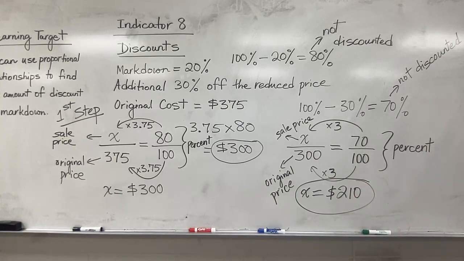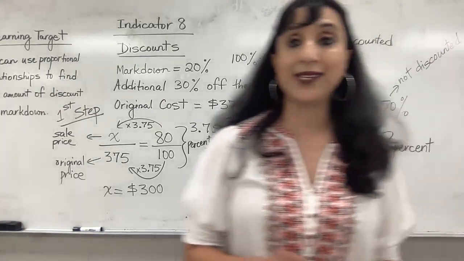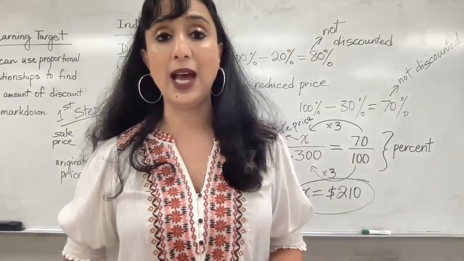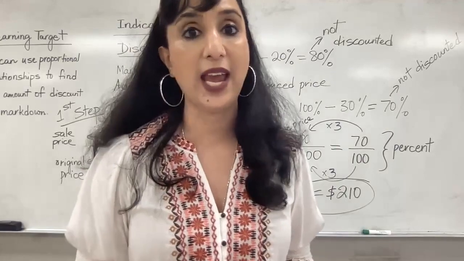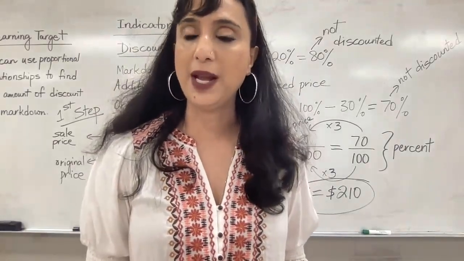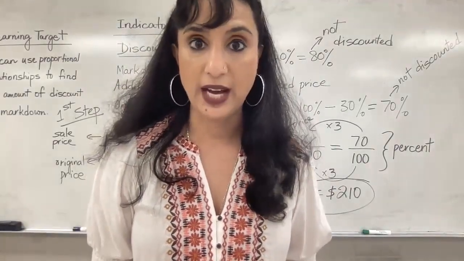Okay, now I also need you to understand that if it says that first you are going to take the 20% off and then you're going to take the 30% off, is it exactly the same thing as if I would just say, just take 20 plus 30, which is 50% of the item?